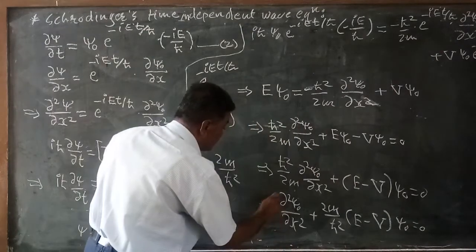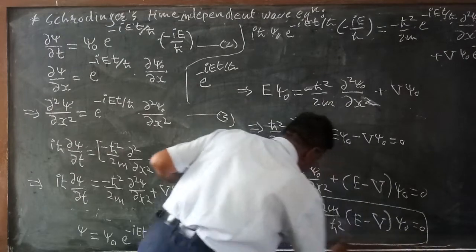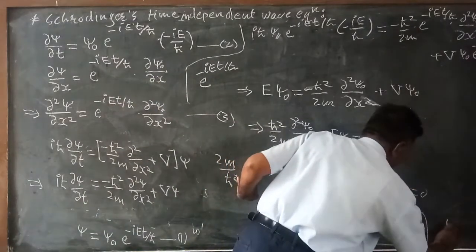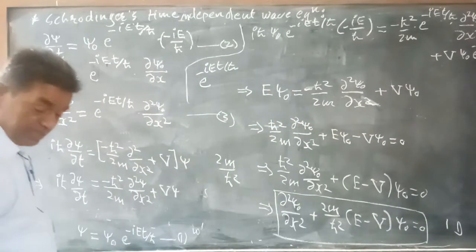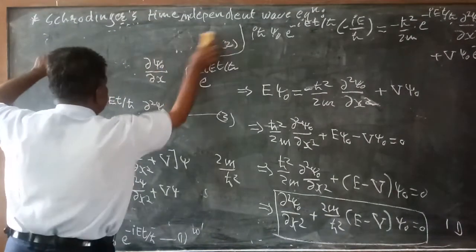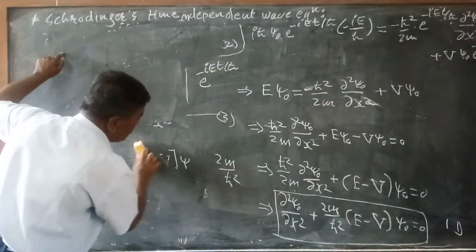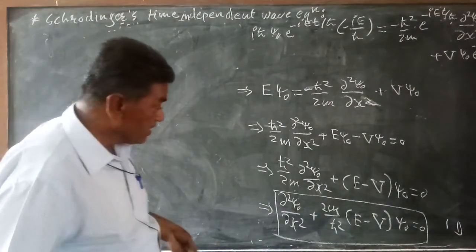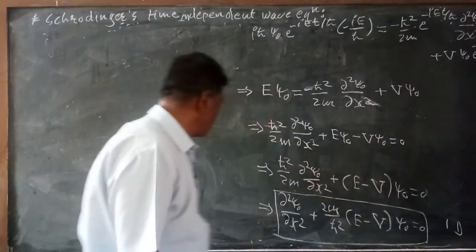And this equation is known as the Schrodinger's fundamental wave equation. Delta square psi 0 divided, in one dimension, is usually written in this form. In that equation, phi is a function of x only. It depends on the position of the particle only. Here, the potential energy of the particle in this case depends only on x.